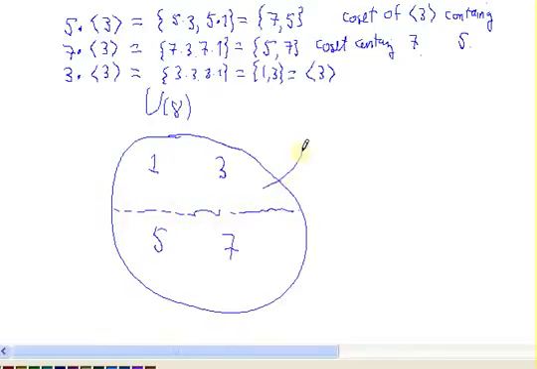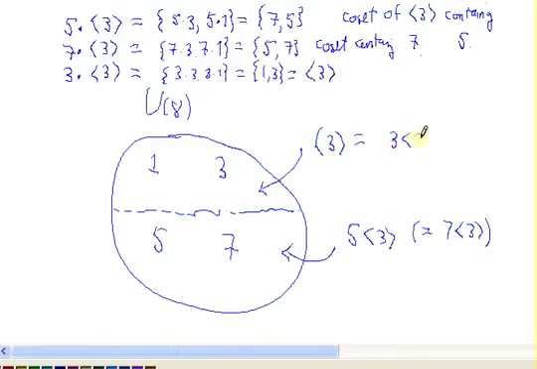This part here is angle brackets 3, and the lower part I could write as 5 angle brackets 3, which is also equal to 7 angle brackets 3. And angle brackets 3 is also equal to 3 angle brackets 3. Each time I multiply this cyclic subgroup by an element in the group, I get a coset. I either get the original subgroup, or this second coset, which is disjoint from the original subgroup.